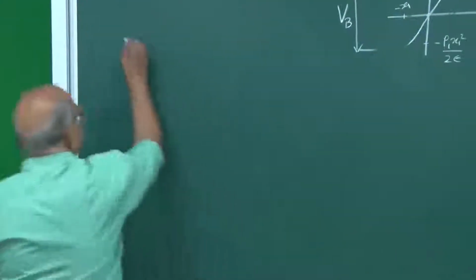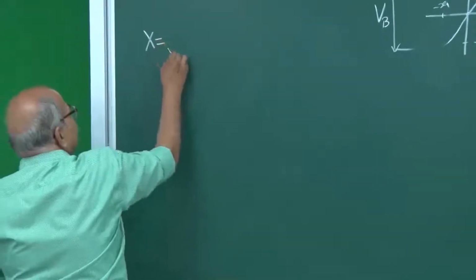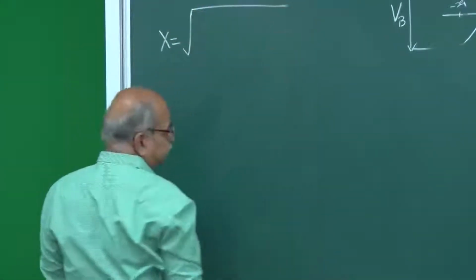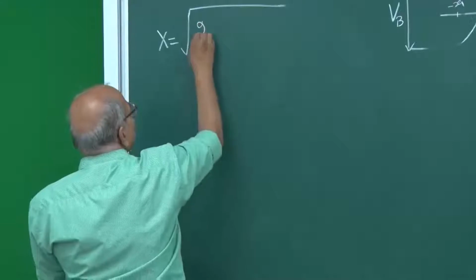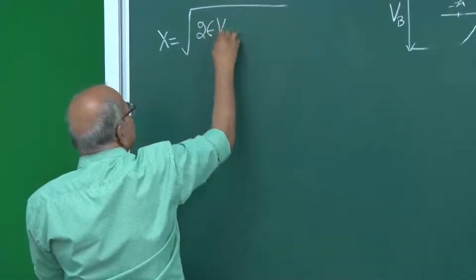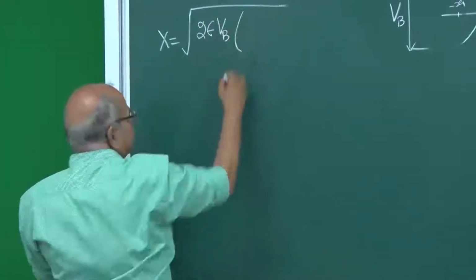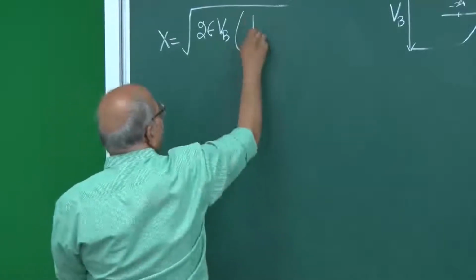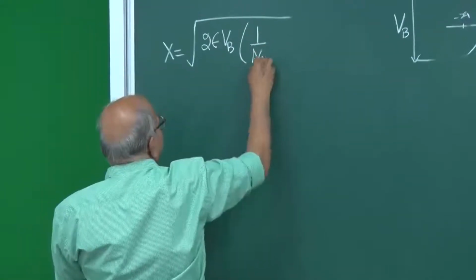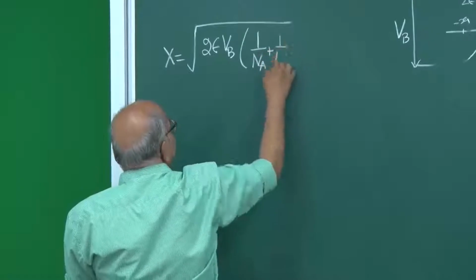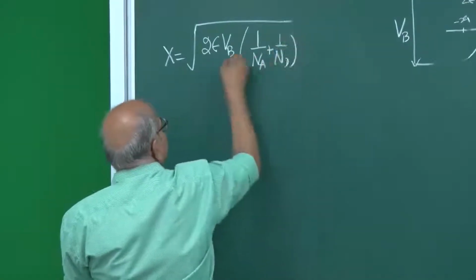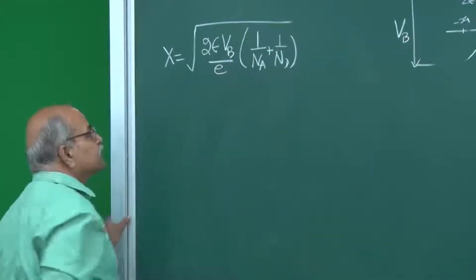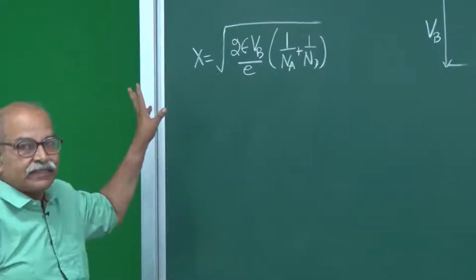So this X is equal to square root of 2 epsilon Vb, and then here I write 1 over Na plus 1 over Nd, and E here. So that's the relation.